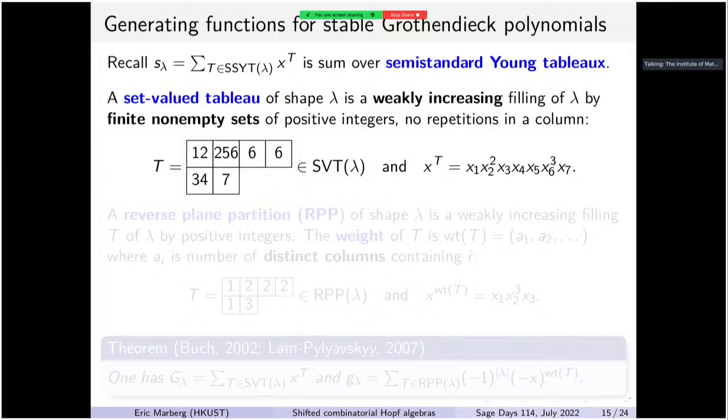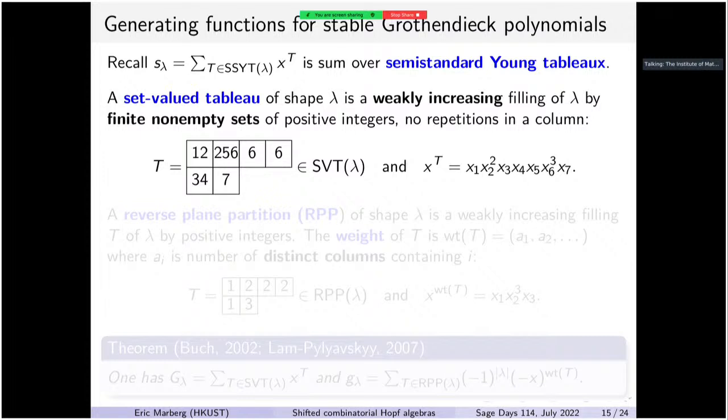A set-valued tableau of shape lambda is as follows. You take the Young diagram of a partition lambda, something like this, and you fill each box by a non-empty finite set of positive integers. So this 256 is really the set 2, 5, 6.